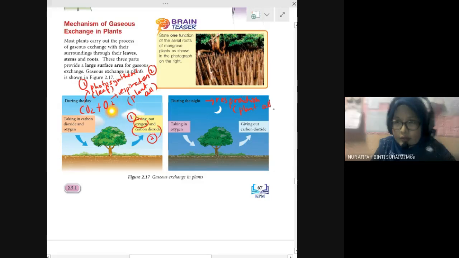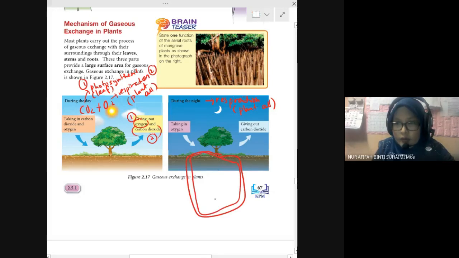Plant cell. Okay, you have found the plant cell. We have a cell wall, cell membrane, vacuole, chloroplast, and nucleus. The chloroplast contains chlorophyll.